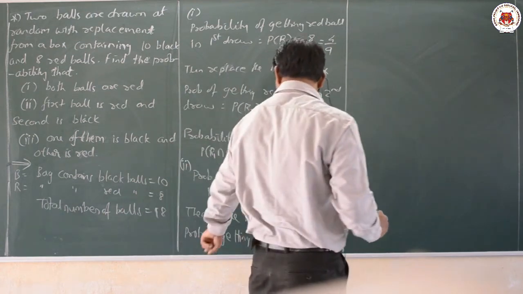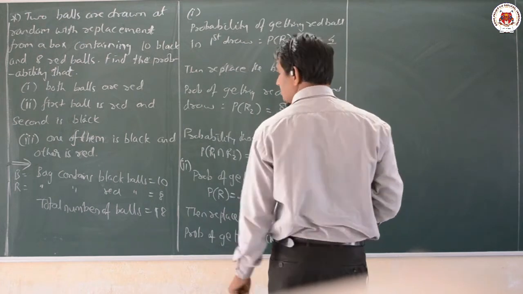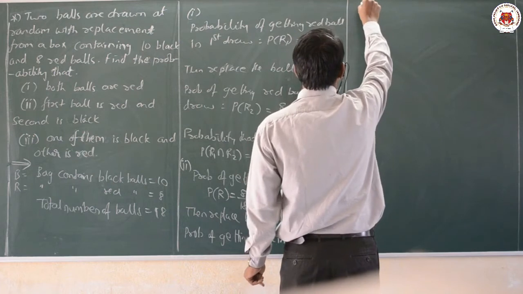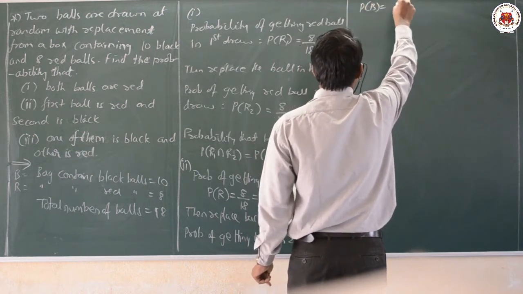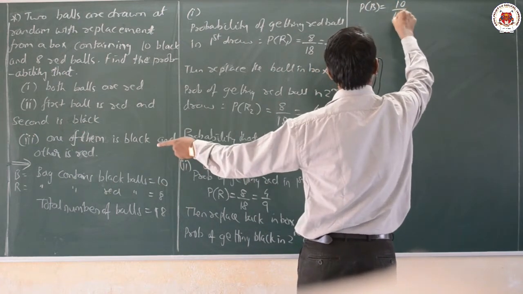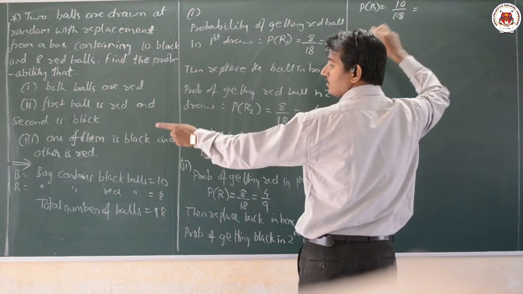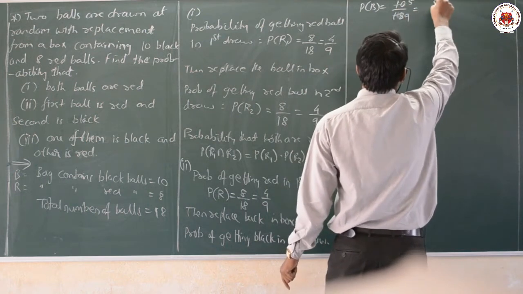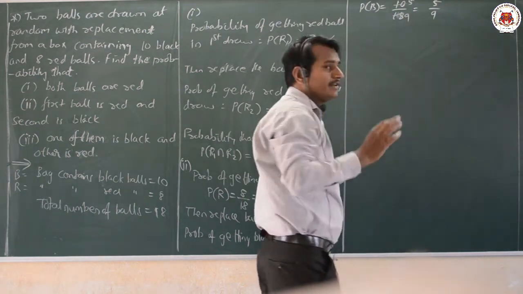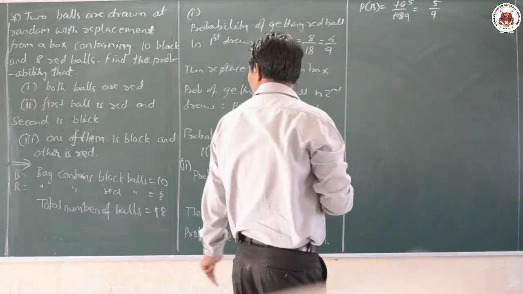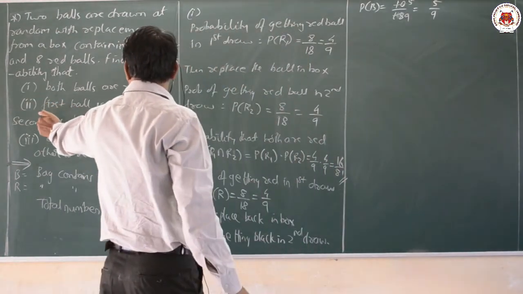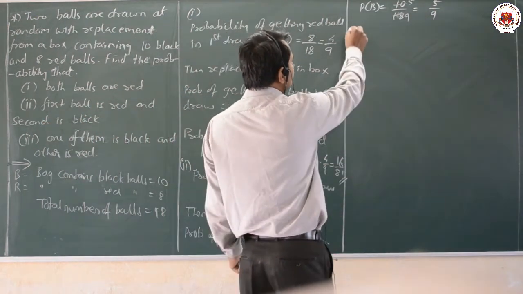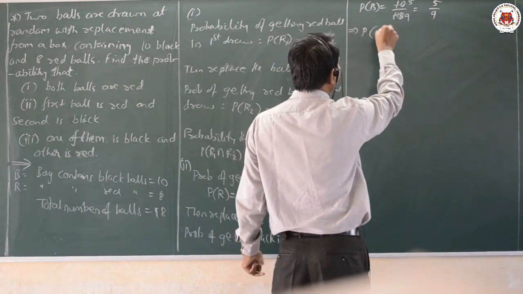Now the probability of getting black in the second draw: the probability of black is 10 black out of 18 balls. If I divide it, 2 5s are 10, 2 9s are 18, so the value will be 5 by 9 here. Very, very simple. Now what he has asked is to find the probability that the first ball is red and the second ball is black.